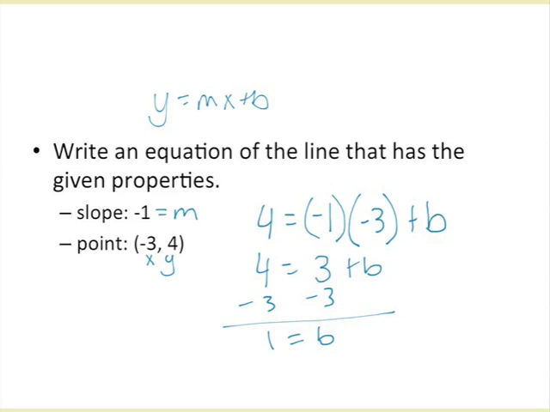So an equation should be my answer, and that is y equals -1x plus 1. Okay, all your answers should be in that slope-intercept form, with the slope and the intercept plugged in, and x and y as variables. Questions?